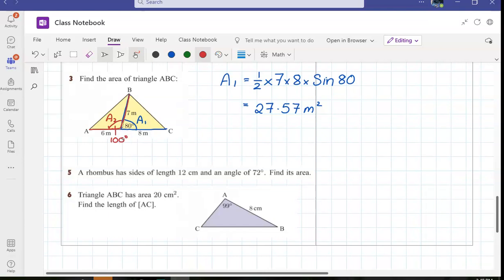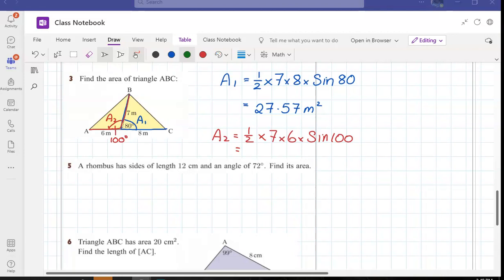So we're not overcomplicating anything. We're just going, right, area 2 will now be a half times the two sides. 7 times 6. And now sine 100. Get your answer and don't forget to add them together. Does that make sense, kids?